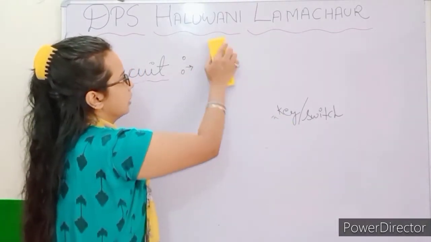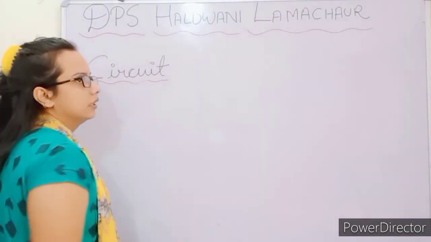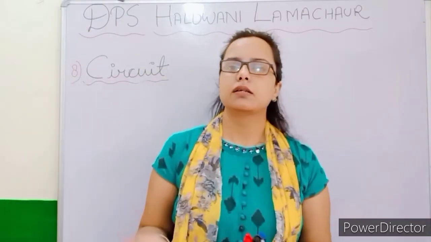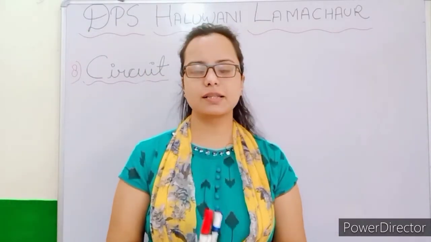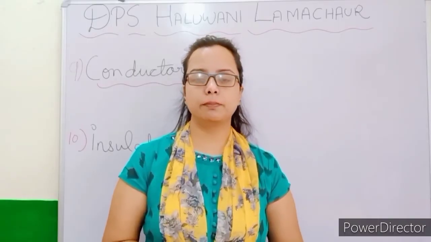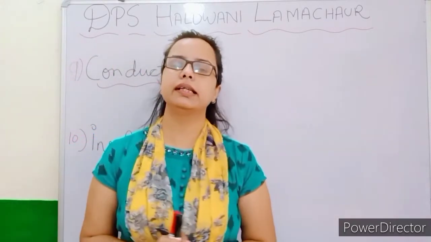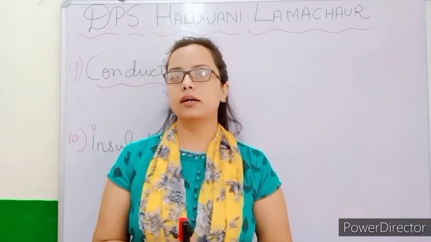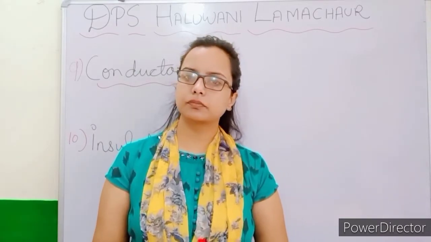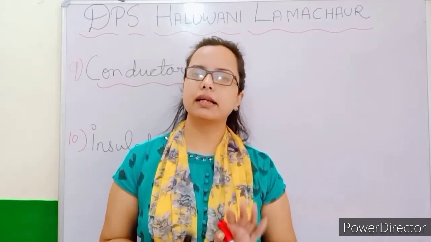Now there are also things like conductor and insulator, so let's discuss that now. Student, your next topic is the conductor. What is a conductor? Conductors are materials that allow current to pass through them, for example copper, or we can say the metals.